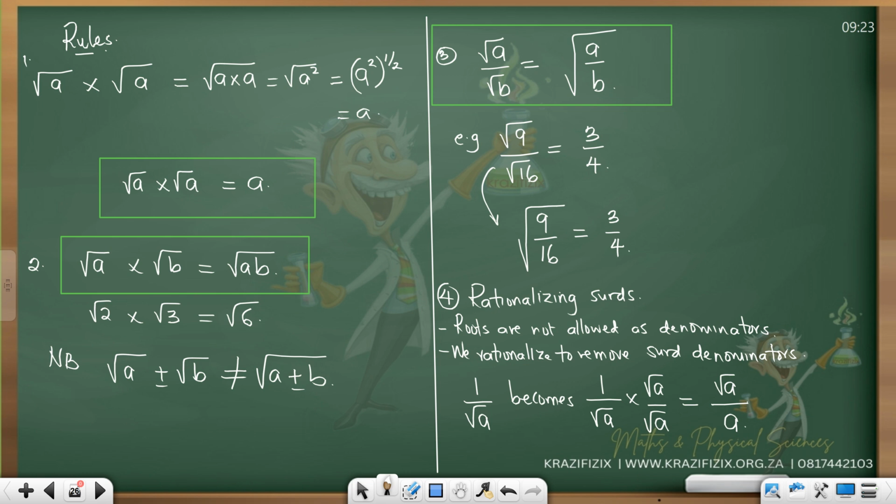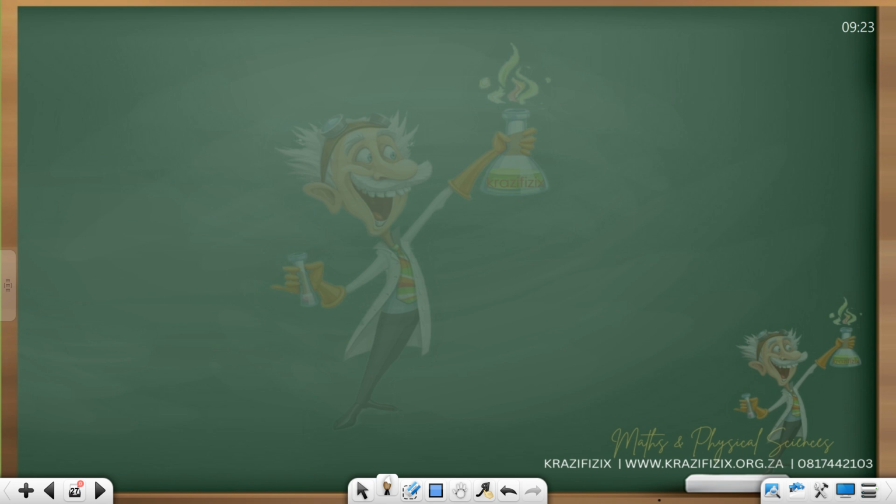Let's try a few, 2 sums here, or 3. I'm just waiting for you to finish writing. We rationalize. Okay, so what do you think 1 over root 3 would be?